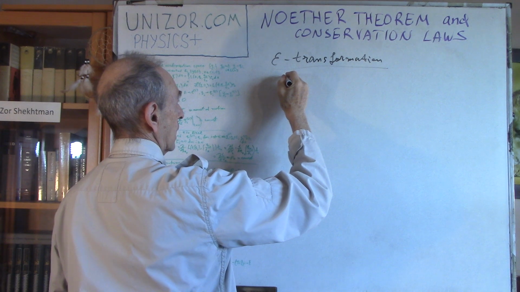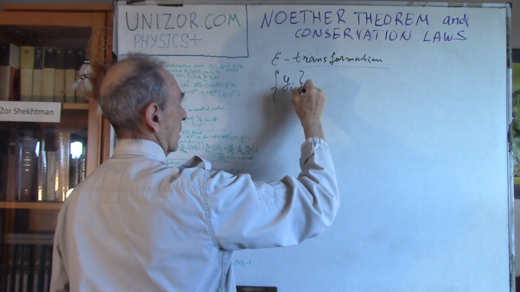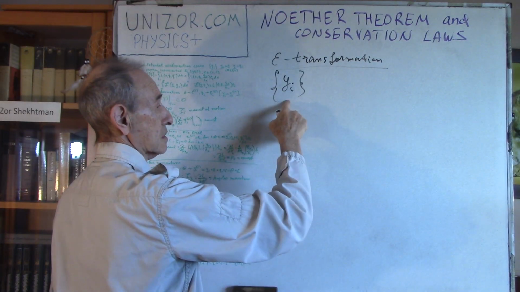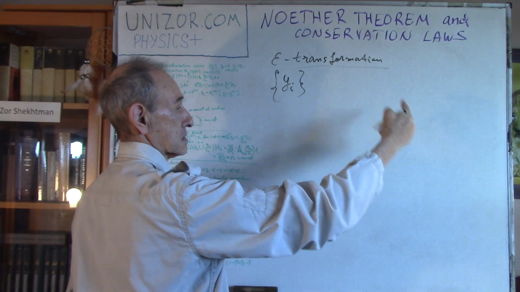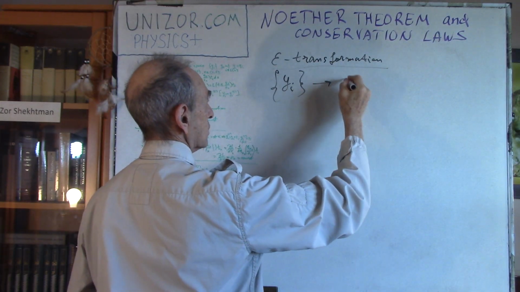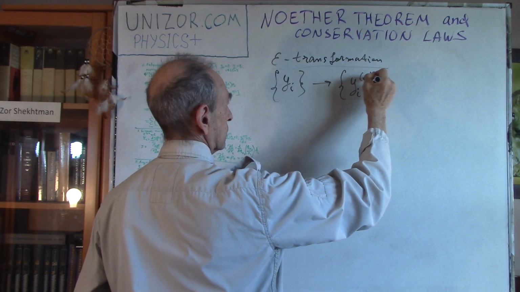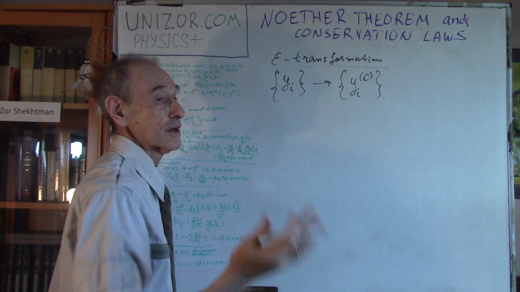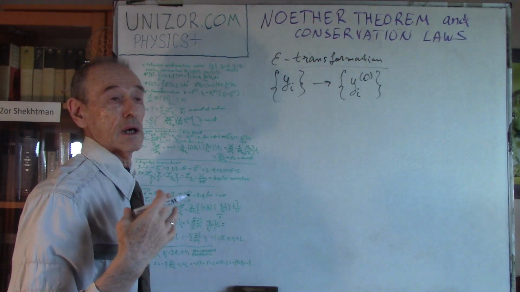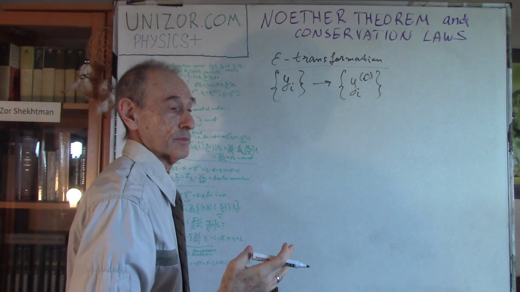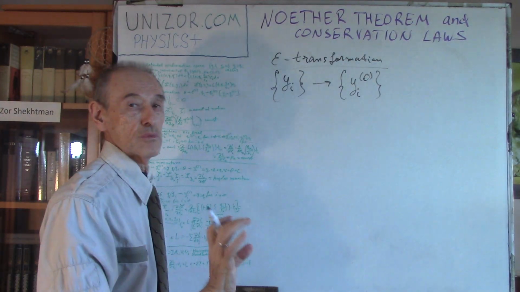So if my old coordinates were y_i, where i is from 0 to n, 0 means time and 1, 2, 3, up to n mean space coordinates, it is changed to y_i of epsilon, some function of epsilon, where epsilon is an infinitesimal variable which signifies just an infinitesimal movement.